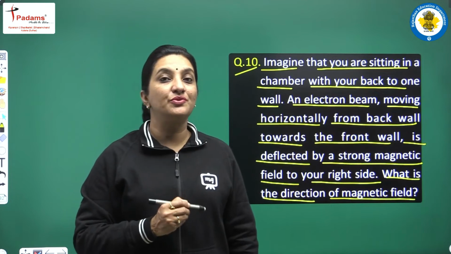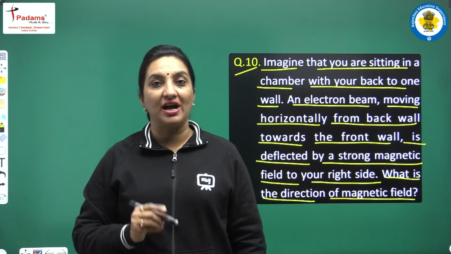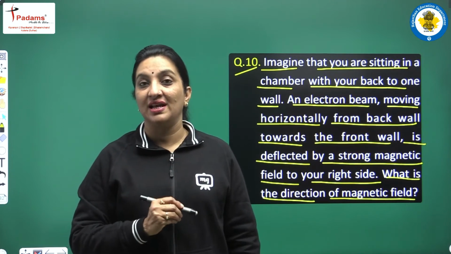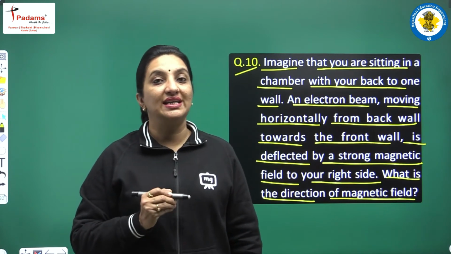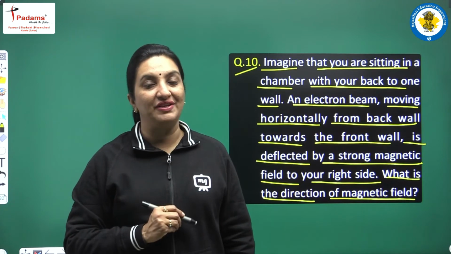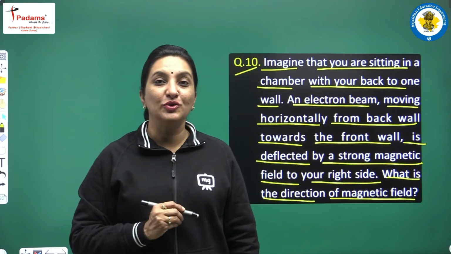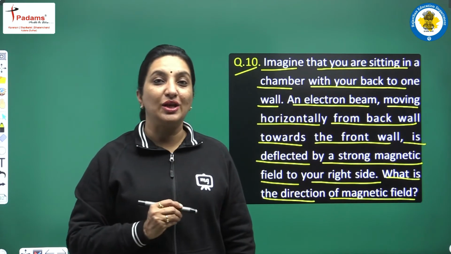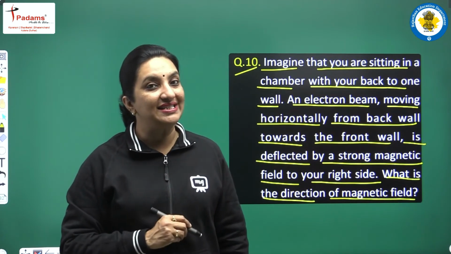So here, students, we are given the direction of current, we are given the direction of force experienced, and we have to calculate the direction of magnetic field. So we will use Fleming's left hand rule to calculate the direction of magnetic field.